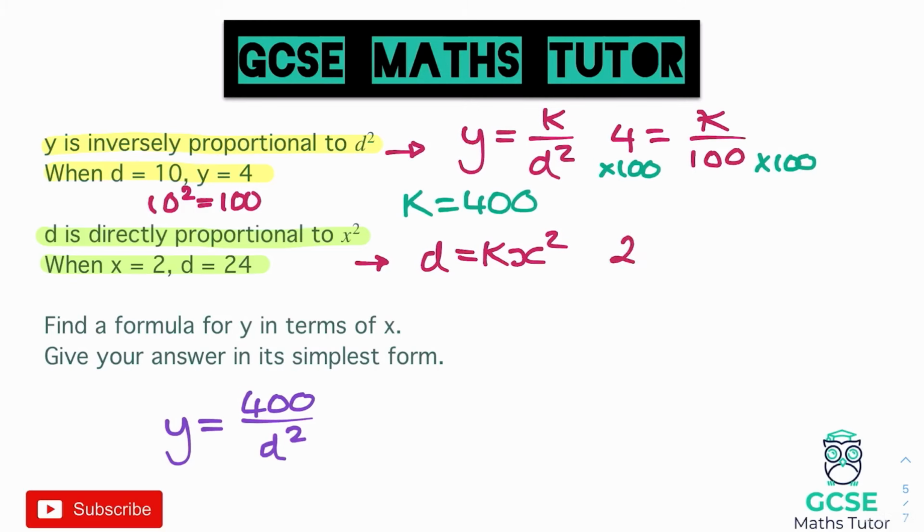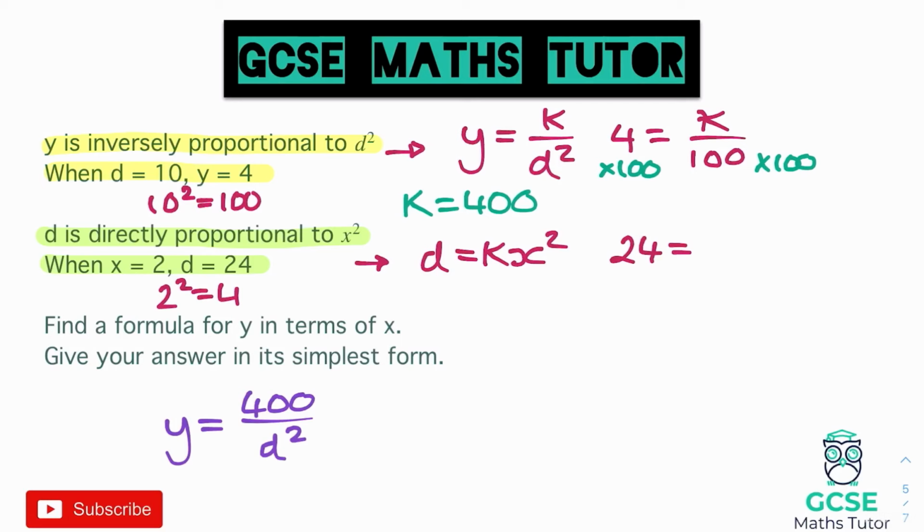So we have 24 equals k times 2 squared, and again let's do the working out down here, 2 squared equals 4, so k times 4, or let's rewrite that as 4k.